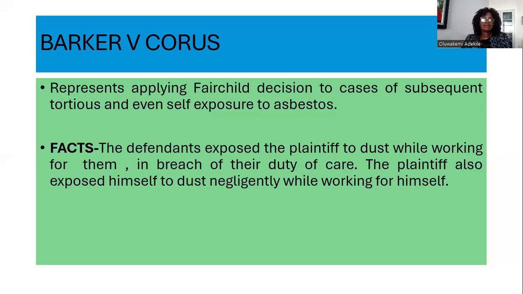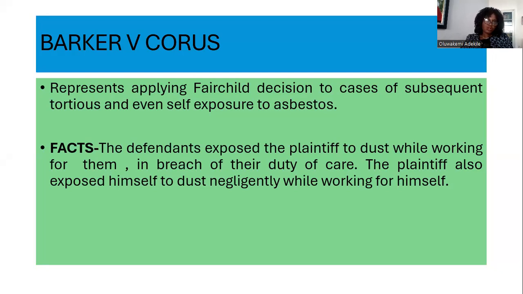Then you have the Barker v Corus case, which applied the Fairchild decision to cases of subsequent tortious activities and even self-exposure to asbestos. In the facts of Barker v Corus, the defendants had exposed the plaintiff to dust while working for them. Again, that was a breach of their statutory duty of care.